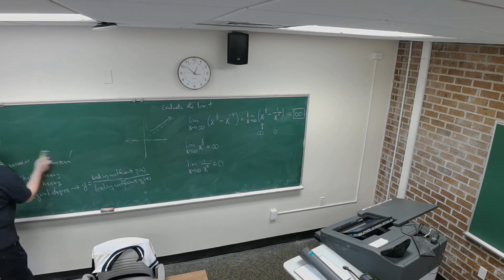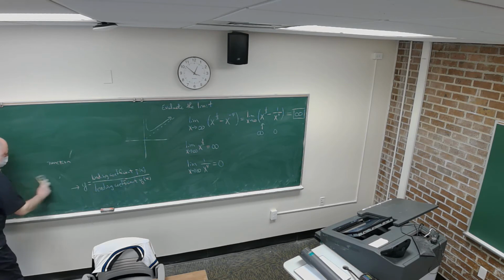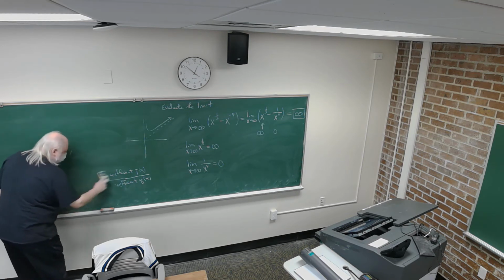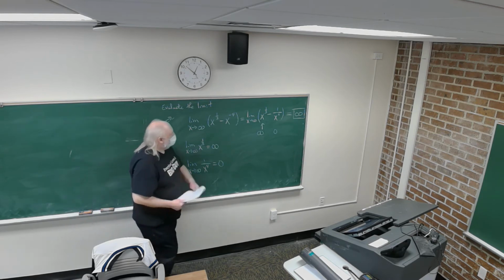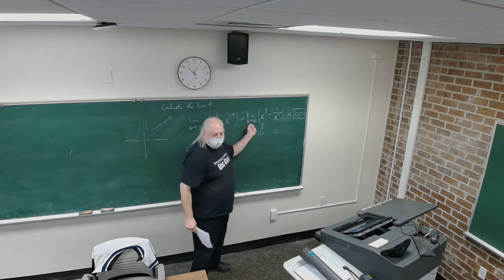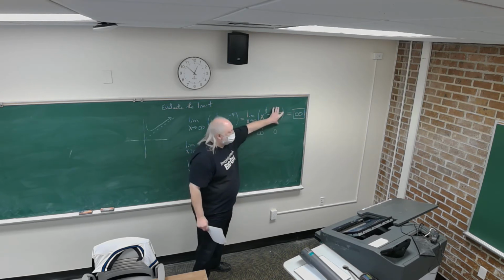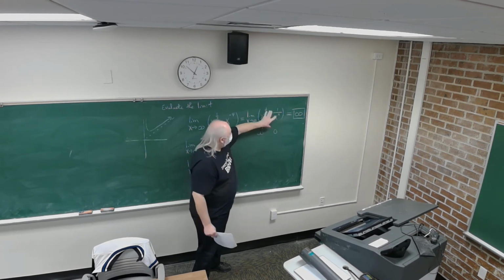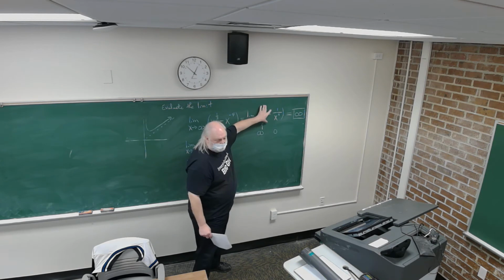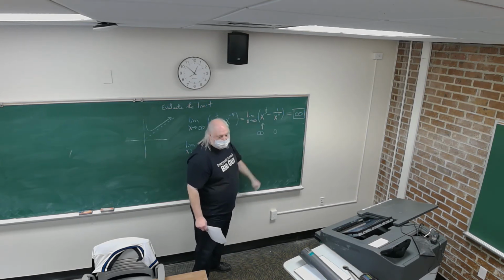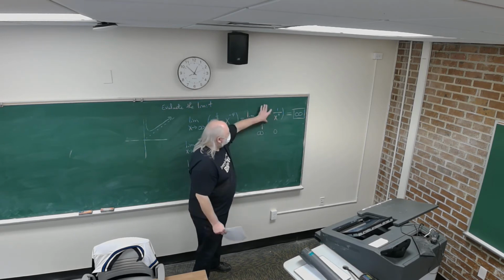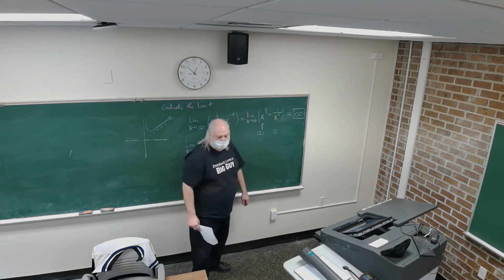So why is it ultimately increasing without bound? Because as x increases without bound, this increases without bound, and this goes to a fixed number, 0. So this just keeps getting bigger and bigger, while this gets close to 0. So you have something really big minus 0.